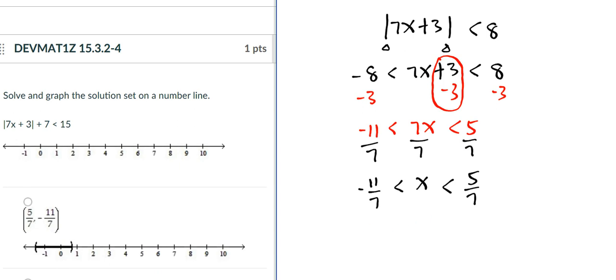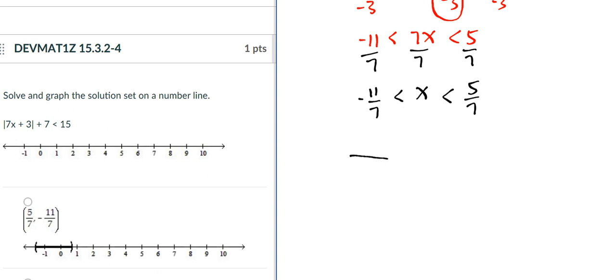And then on the real number line, if here is origin, positive 5 over 7 might be here. And negative 11 over 7 might be here.